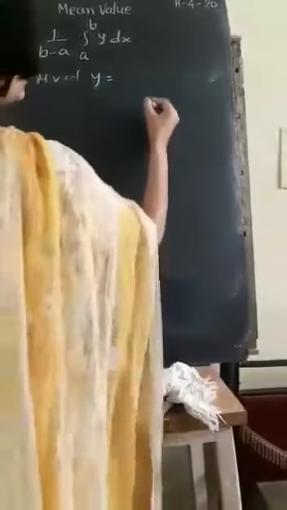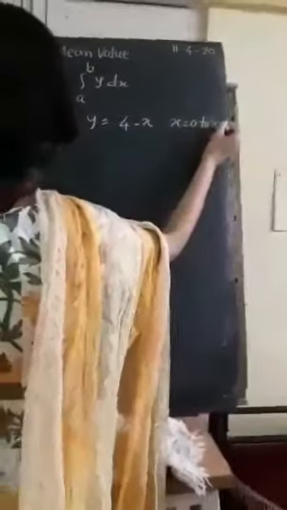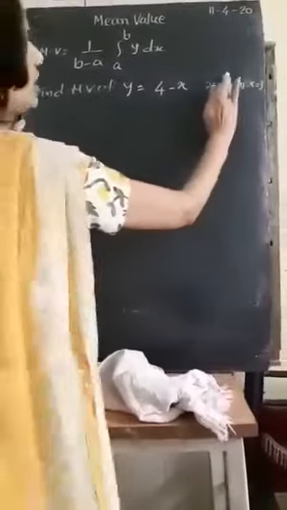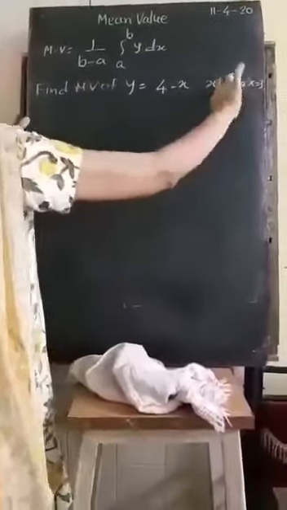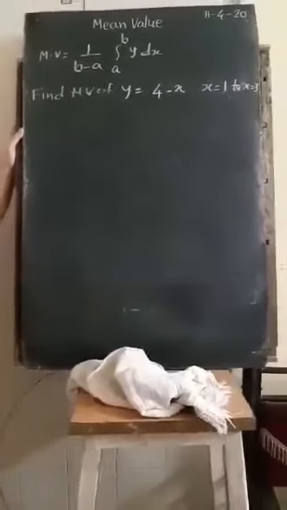Find mean value of y is equal to 4 minus x over the period x is equal to 1 to x is equal to 3. So here, what is the range? X is equal to 1 to x is equal to 3. Over this range, we will find the mean value.